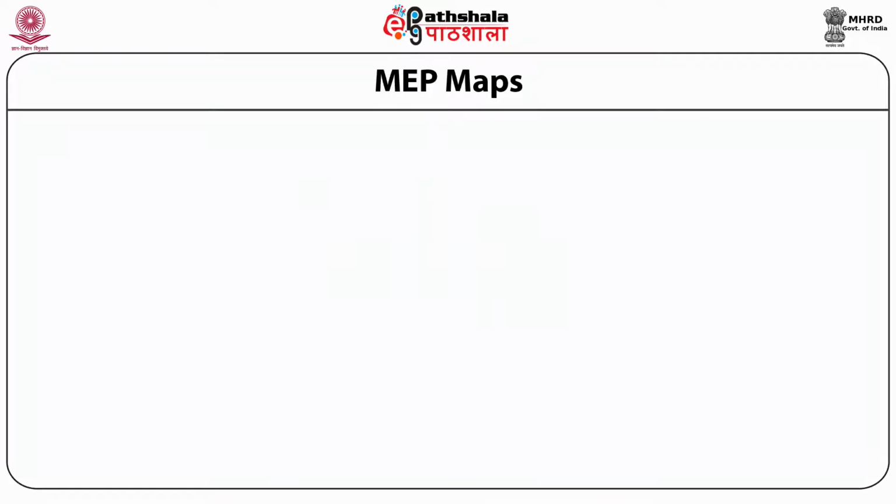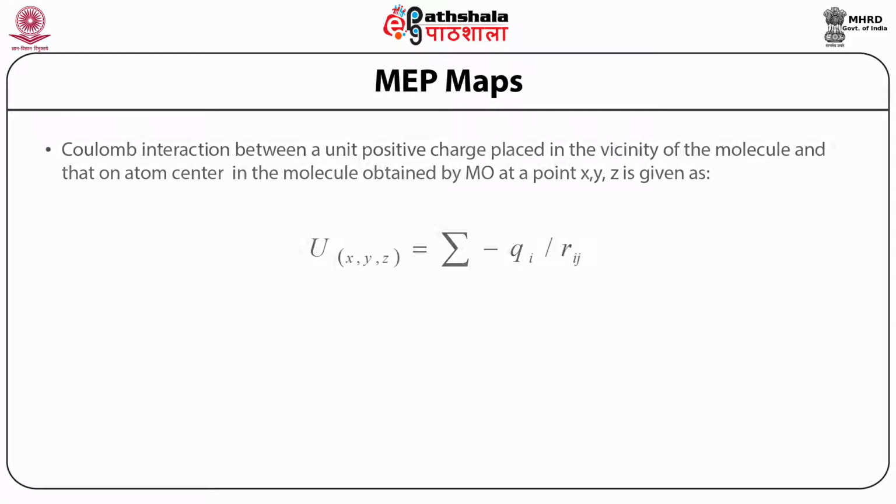Molecular electrostatic potential maps are calculated on the basis of Coulomb interaction between a unit positive charge placed in the vicinity of the molecule and that on the atom centers in the molecule, obtained by any molecular orbital method, and at any point xyz, it is given by the equation U(xyz) = minus sum of qi upon rij, summed over all the atom centers.